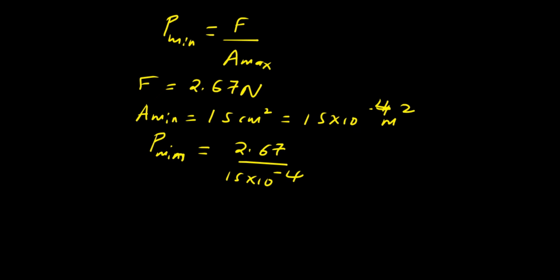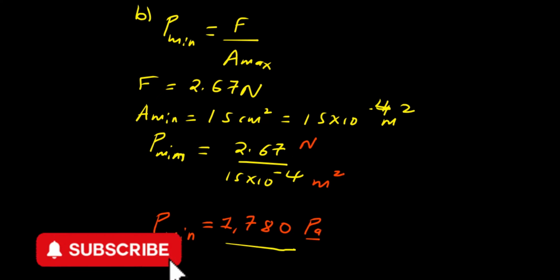When you key that into the calculator, we'll say P minimum is equal to 1,780 pascals. And of course, it's pascals because the force was in newtons and the area was in square meters. This is the final answer for part B of our problem.